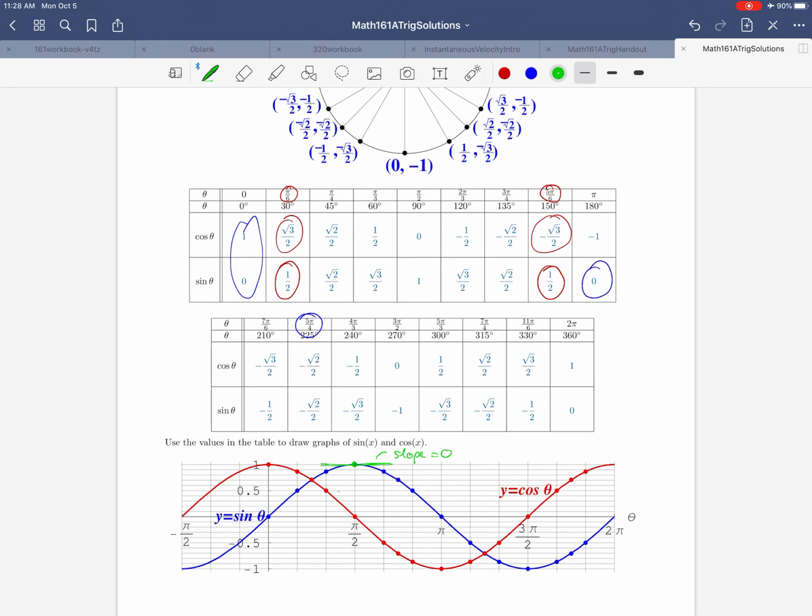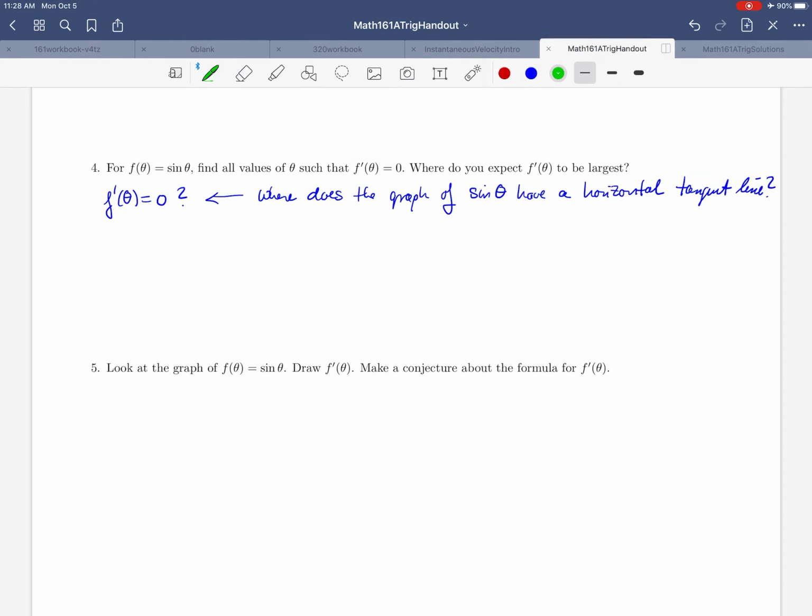So this has slope equal to 0, and that is the derivative at our point. So it looks like the derivative at pi over 2 is equal to 0. And similarly, down here, we again have a horizontal tangent line, and so we also have slope 0, which corresponds in this case to f prime of 3 pi over 2. So we can go back and note that down.